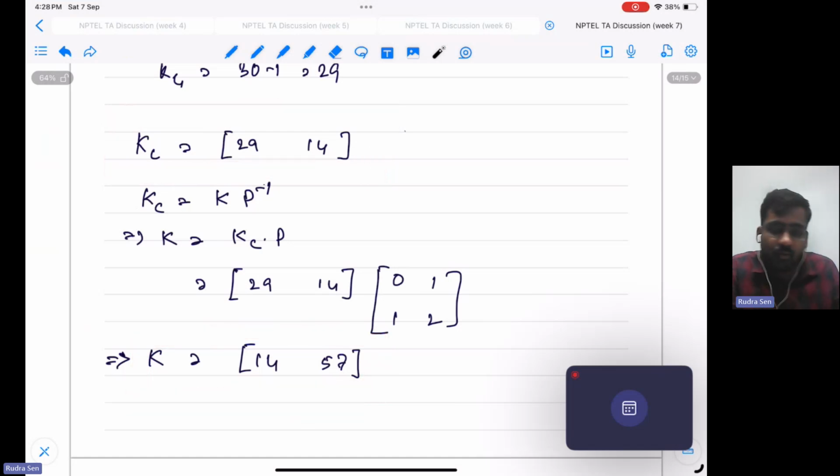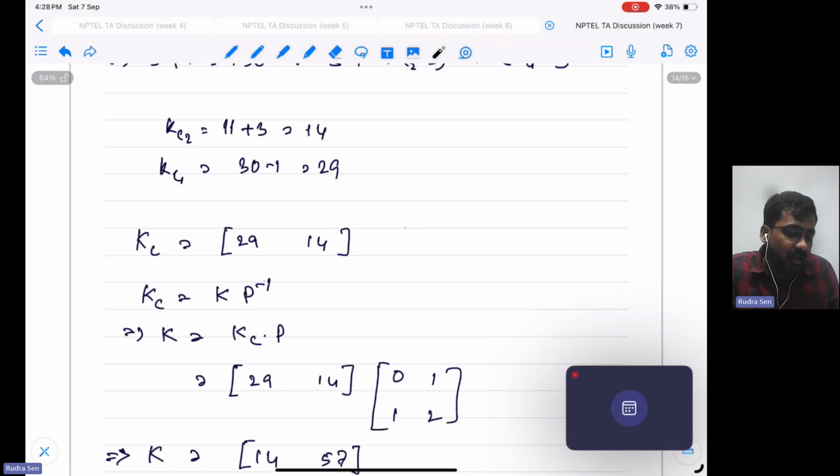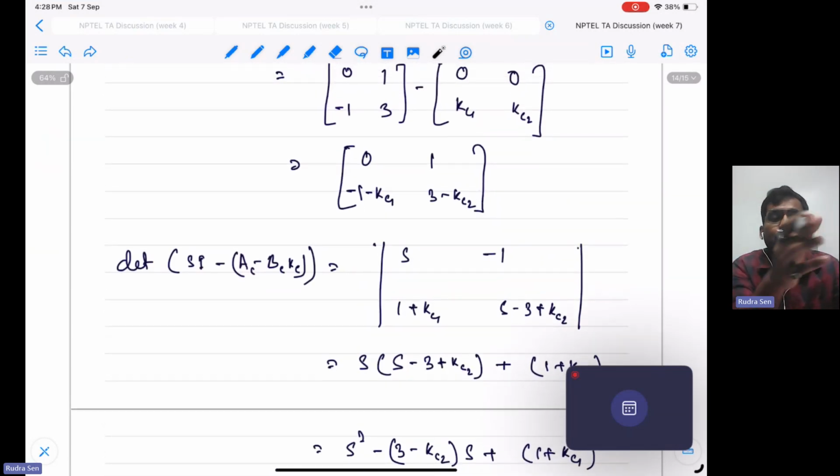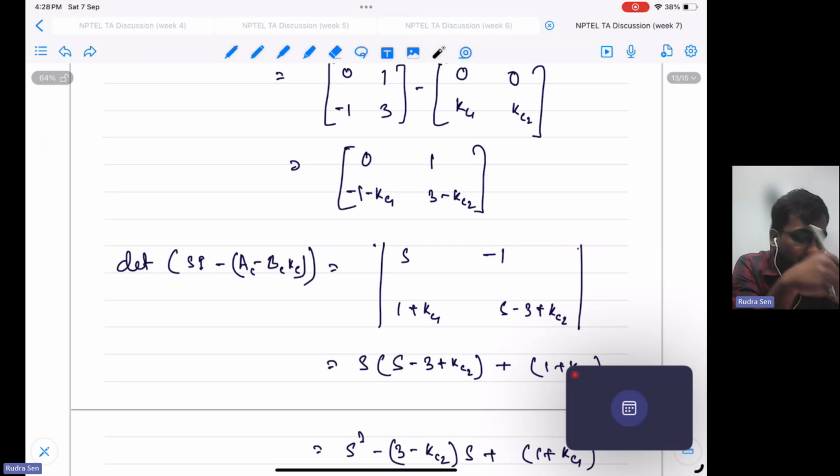Why is it required? Sometimes it is very easy to work with the similarity matrix, because it is a 2 cross 2 matrix, so it is not difficult to find the determinant.